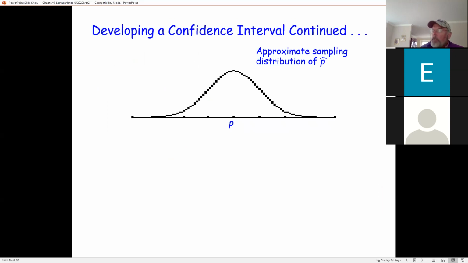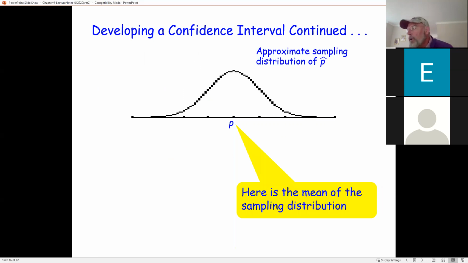All right, so let's start thinking about this a little bit. Here is the mean of the sampling distribution. You can call it the population proportion, or the mu of the sample p hat.